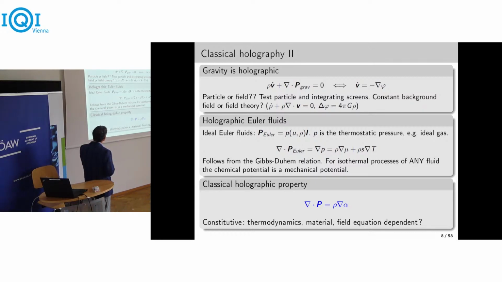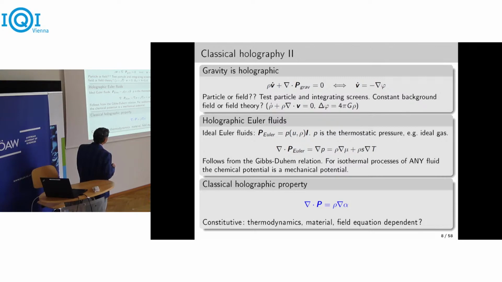It is actually well known in the case of Euler fluids, where the so-called Friedmann form of the Euler fluid momentum balance shows that the gradient of the thermostatic pressure is rho times the gradient of the chemical potential. So for a homothermal system, the gradient of temperature also appears here.